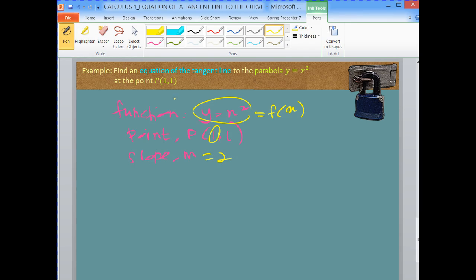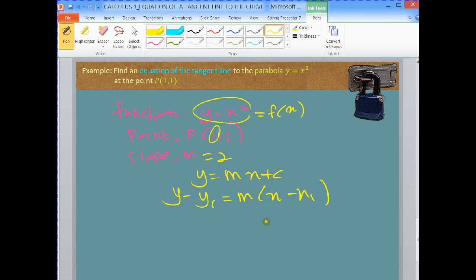Now back to our question. The question asks us to find the equation of the tangent line, and we know that a tangent line is a straight line, y = mx + c. And the formula to find a straight line is y - y1 = m(x - x1). So x1 and y1 refer to a point. So this is x1, this is y1.